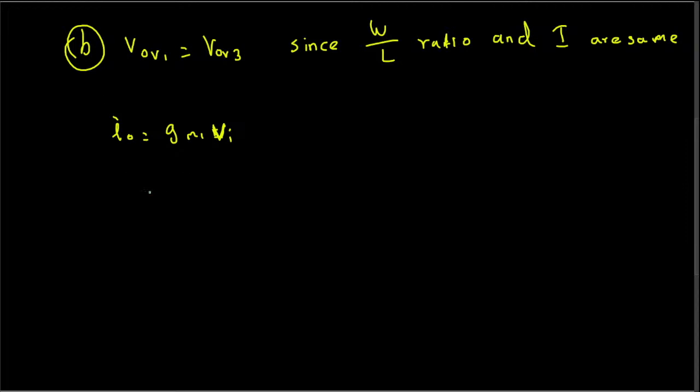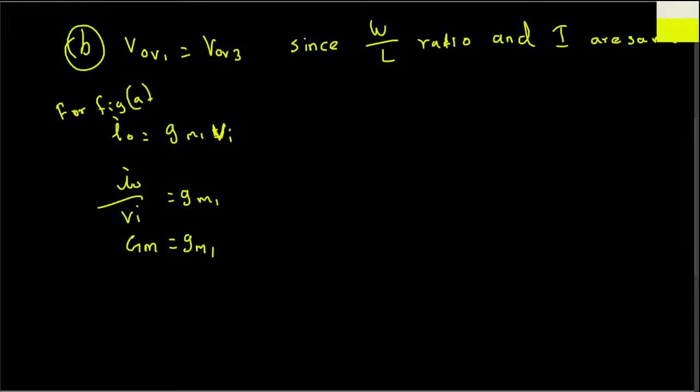We can also write this as Io over Vi, which is equal to Gm1. This is another expression, and we can also give it a new name, like capital Gm is equal to Gm1. So this is for the first circuit, figure A. And now we do this for figure C.